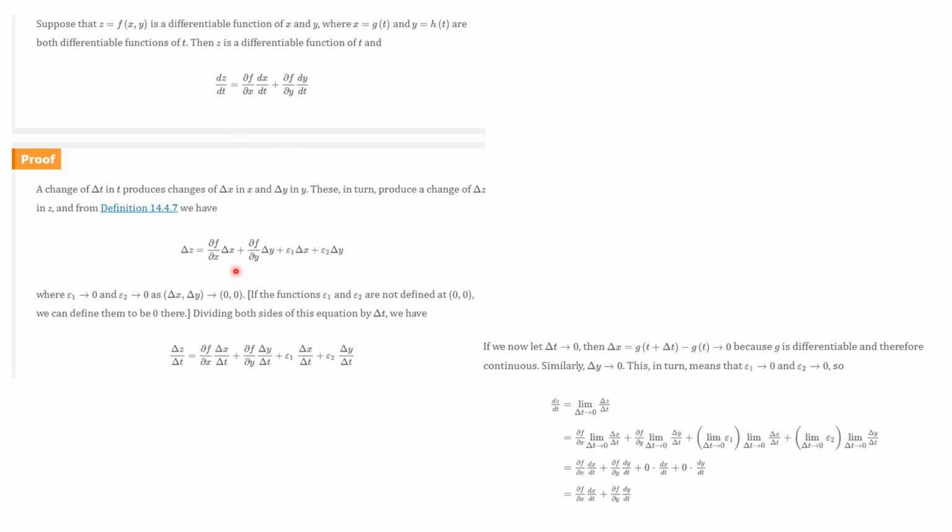Now it's instructive to look at the proof of this, so let's do it. Recall that a change of delta t in t produces a change delta x in x, and delta y in y, and that makes a change delta z in z.